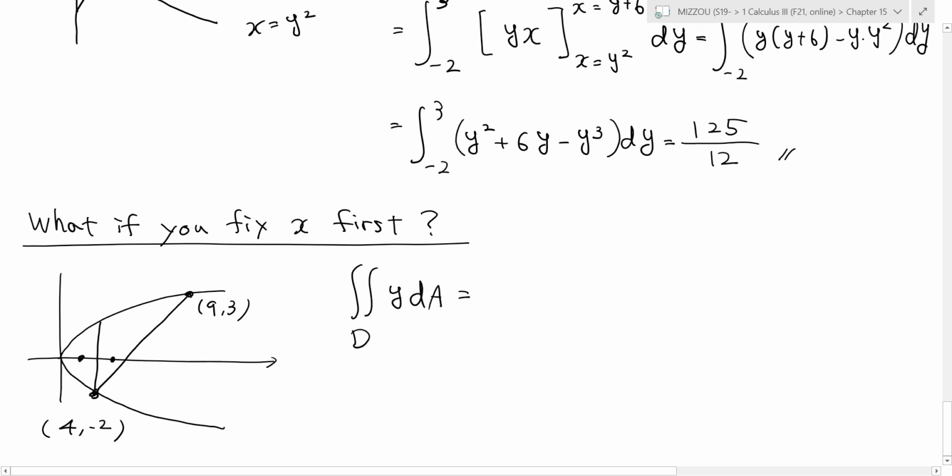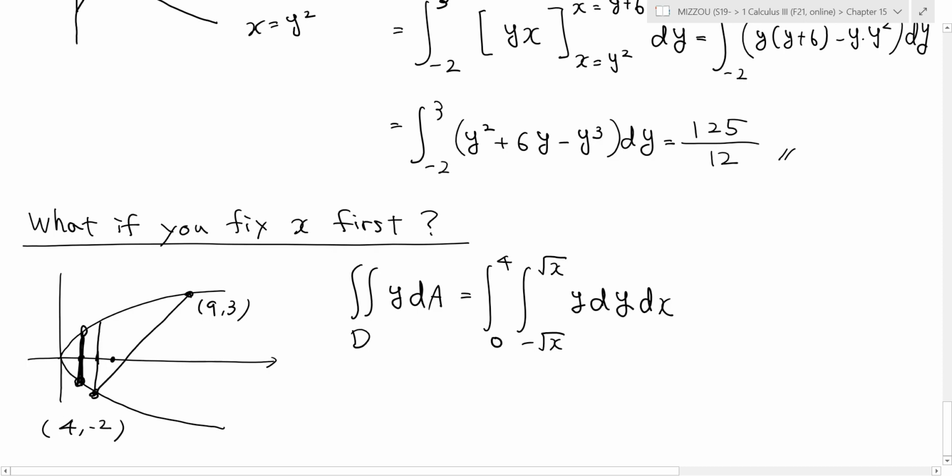First of all, if you are on this part, then for each fixed x, your y value varies from here to here, and that's going to be negative root x to root x of y dy, and then you integrate with x from 0 to 4. This point is 4.